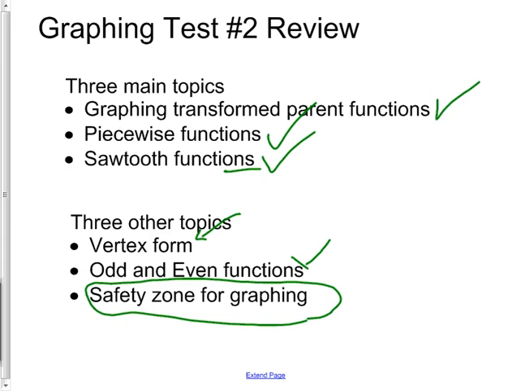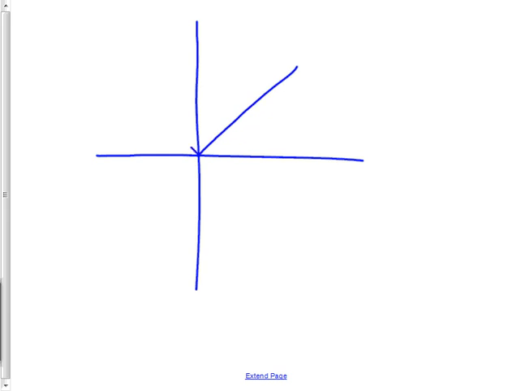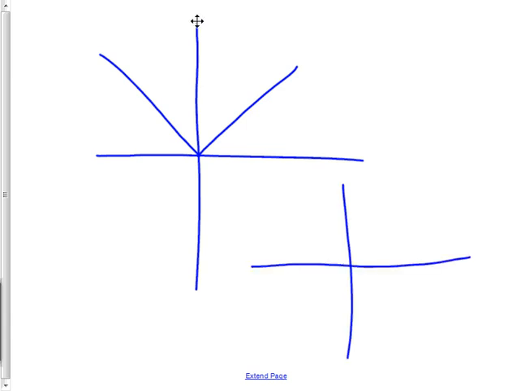Okay. All right. Next, let's talk about those. What is it again? Odd and even. Okay. So here's odd and even. This is an even function. Do you remember that? Is that an even function?